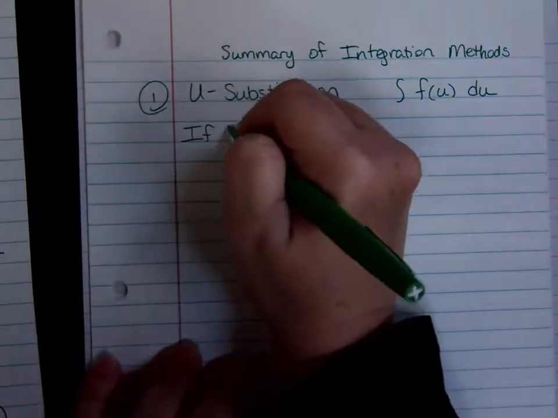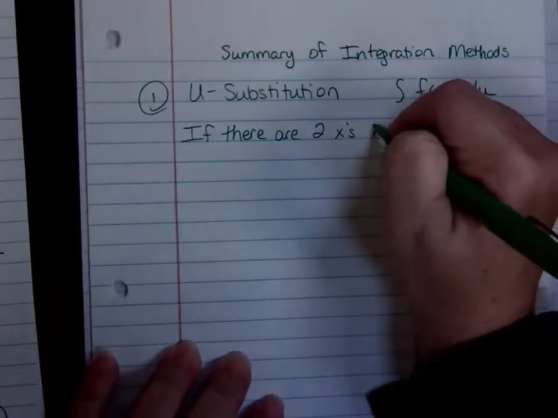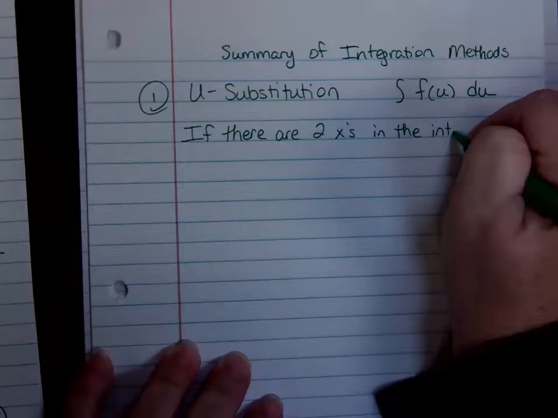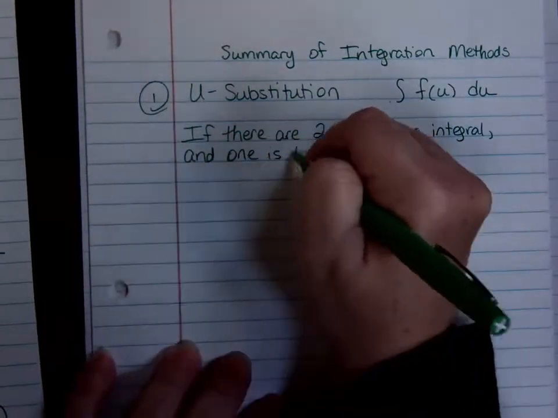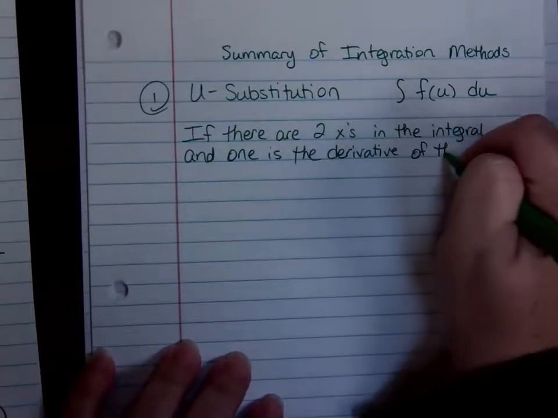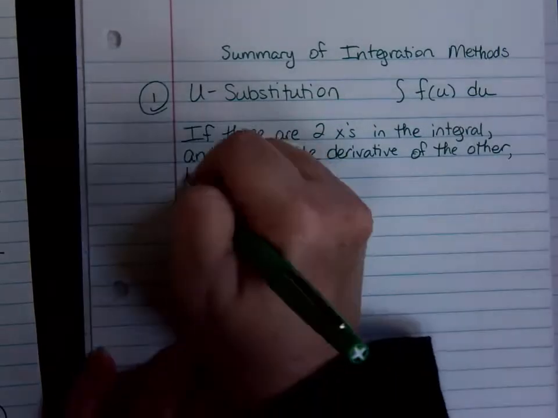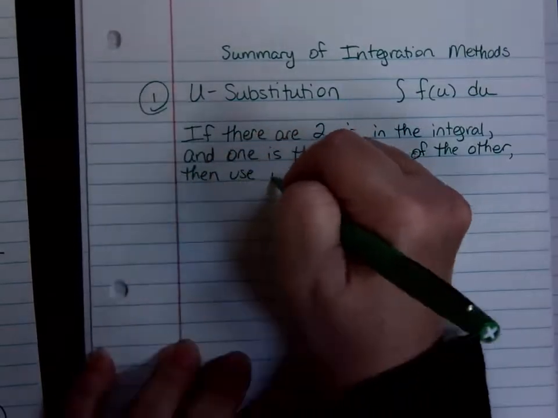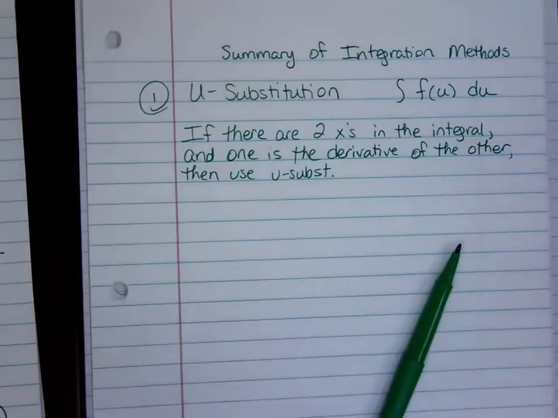If there are two x's in the integral and one is the derivative of the other, then use u-substitution. Okay, if you have two x's in an integral, either multiplied or divided, and one is the derivative of the other, you will use u-sub.